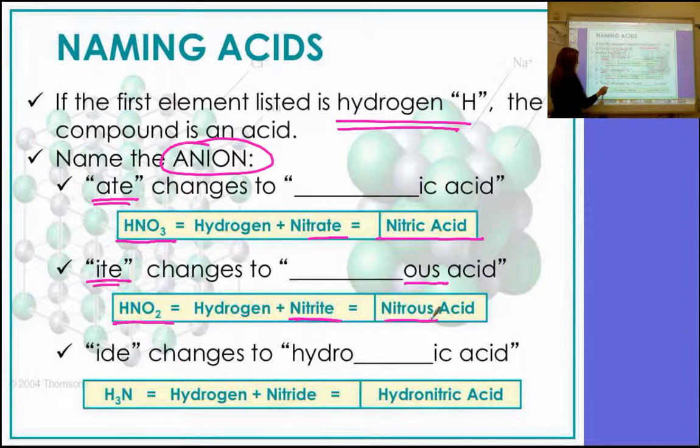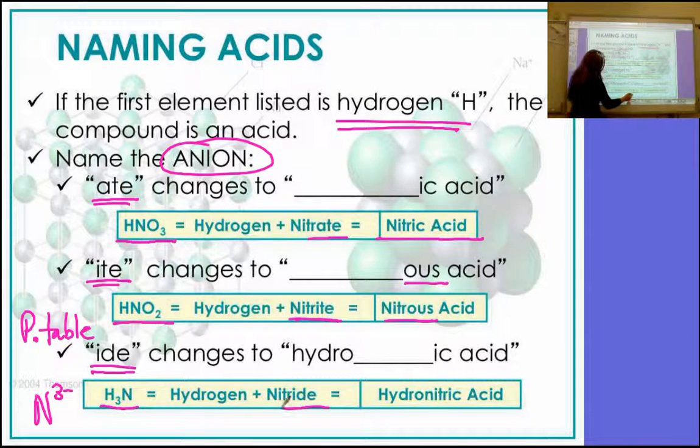And the last one, if it ends in -ide, there are a couple on your polyatomic list, but mostly these come from the ions that are on the periodic table. Any anion that you pull off the periodic table ends in -ide. So here's the example. N with a 3- charge is just nitride.